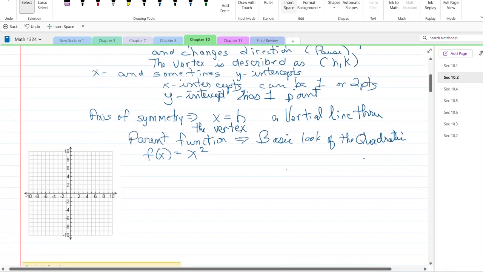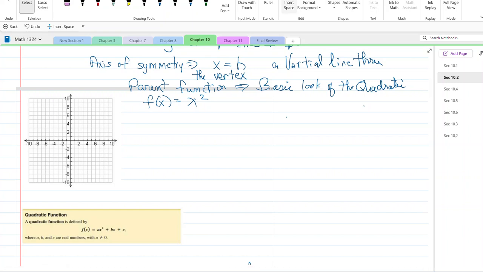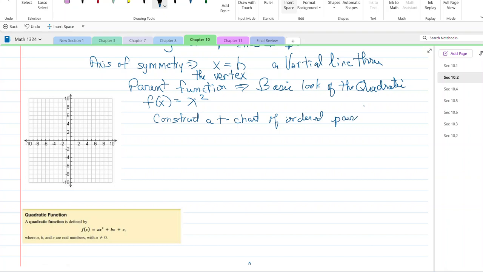All right. So let's look at what this parabola looks like. So the first thing we want to do here is to construct a t-chart of ordered pairs to graph the quadratic.